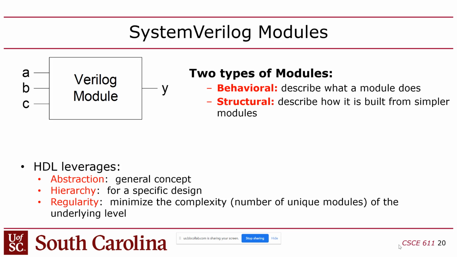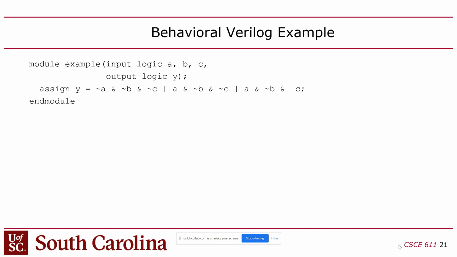I mentioned there's behavioral and structural modules, or you can even mix them together if you want to. So basically, the first thing you define with a module is usually the inputs and outputs, the module line. And usually you put one module per file. I mentioned that earlier. You don't have to do that, but everyone I know that does HDL programming does it that way. So here's an example.